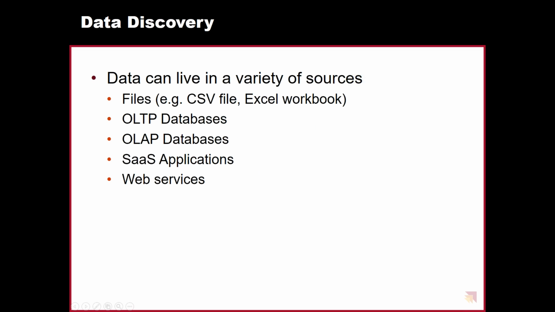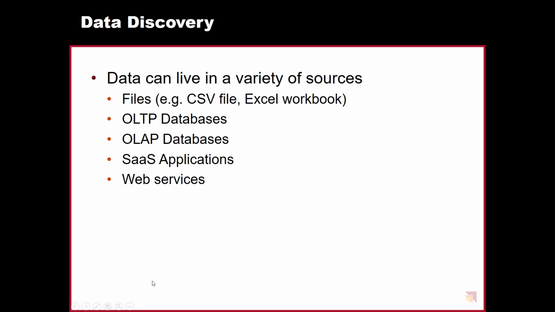Obviously online transaction processing or operational databases are another important one. If you have OLAP style databases, for instance, if you're working with SQL Server Analysis Services and you have either multi-dimensional databases with cubes or tabular databases, you can pull in that data.